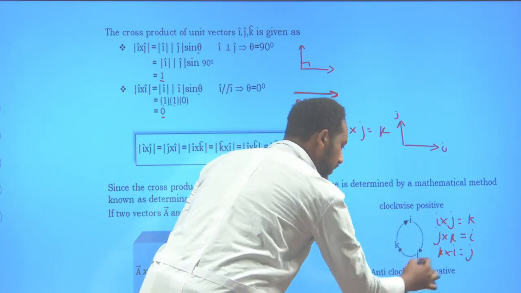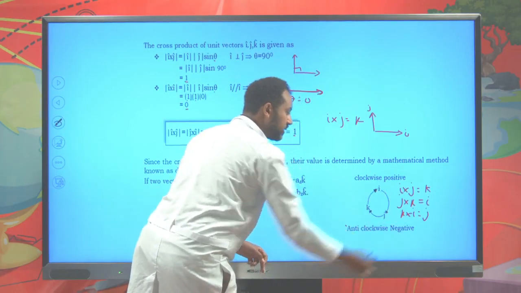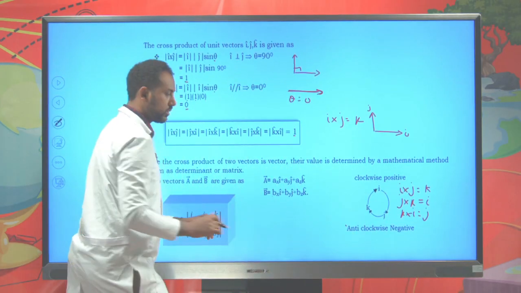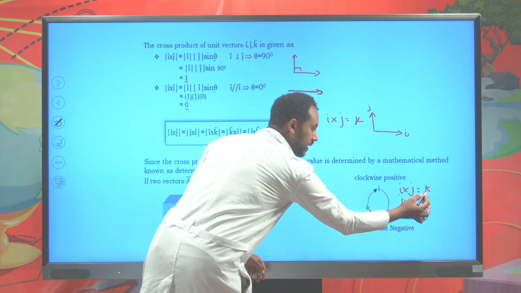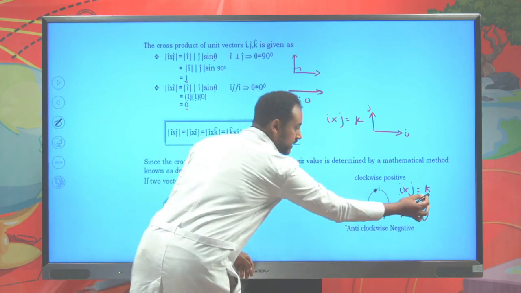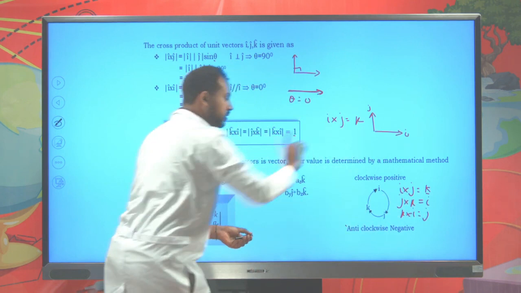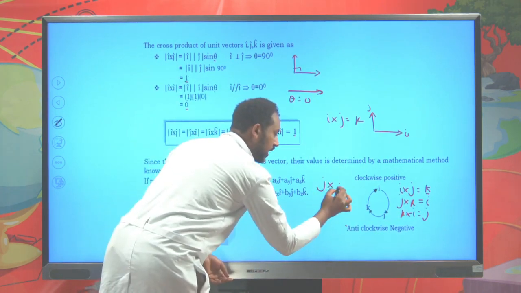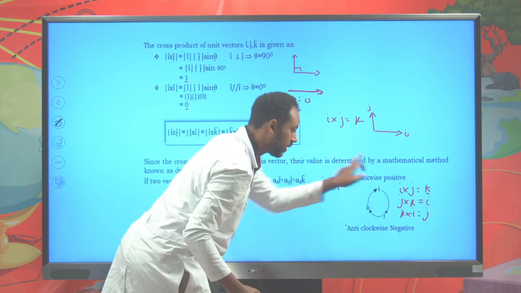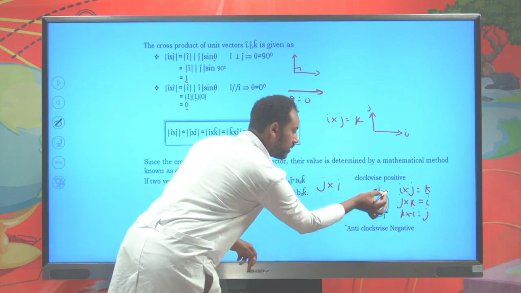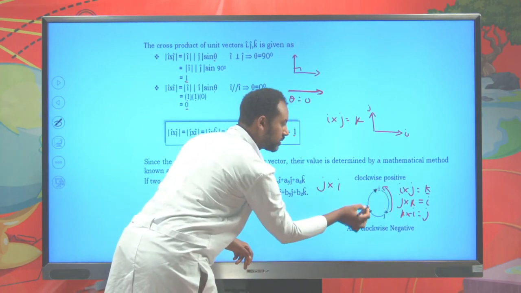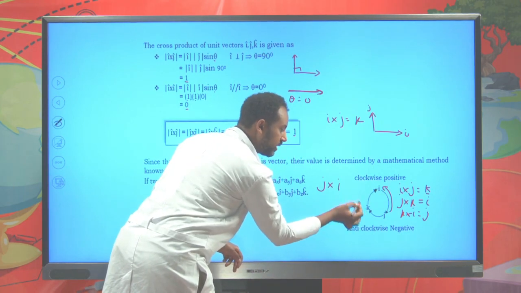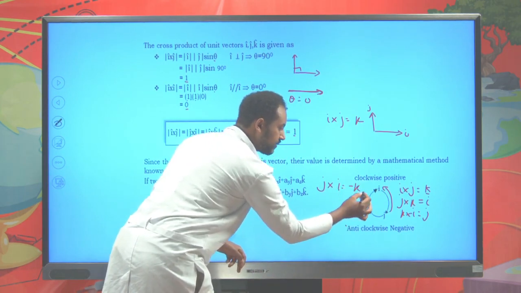And take that when you are moving clockwise, the result is positive. That means i cross j gives us k. But if you are trying to reverse back, like j cross i, that means counterclockwise. From j, if you reverse back counterclockwise, it gives you the negative of k, okay? Negative k.